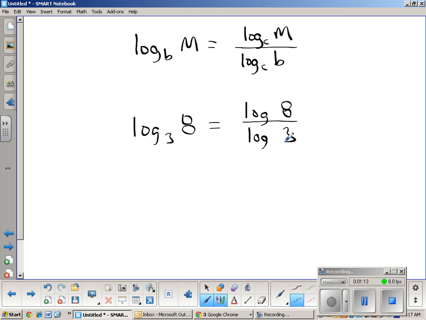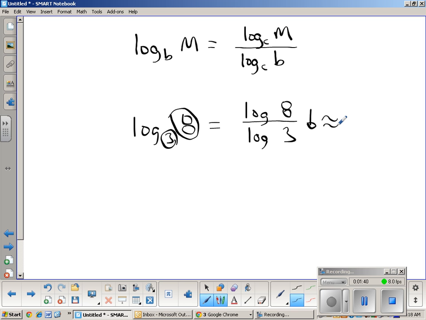If you keep in mind that the base belongs in the basement, then the log base 3 goes in the bottom, and then log of whatever this number is goes on top. And so now we can use our calculator and just type that in.